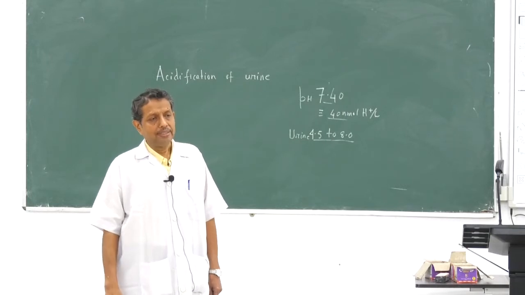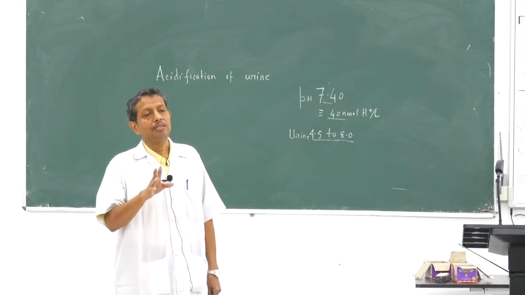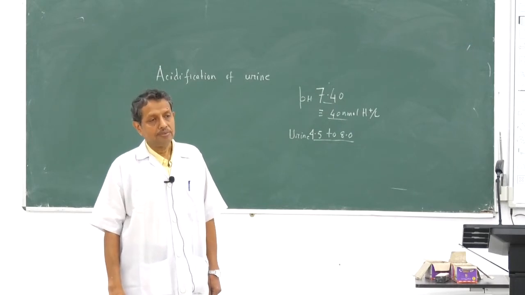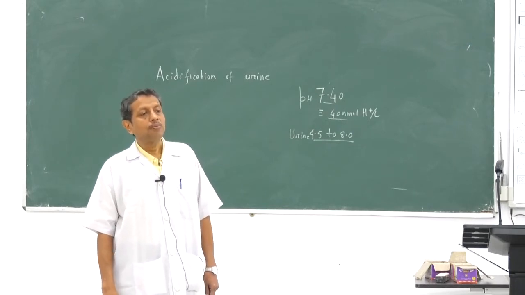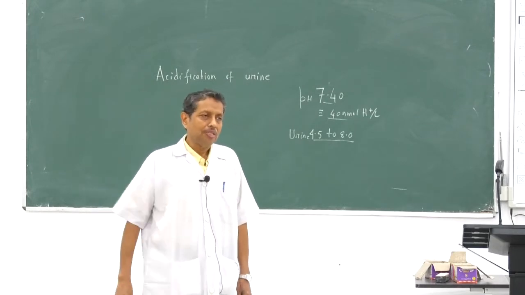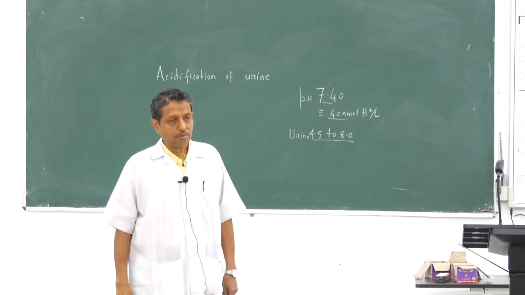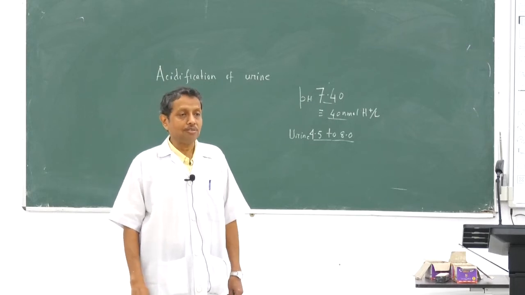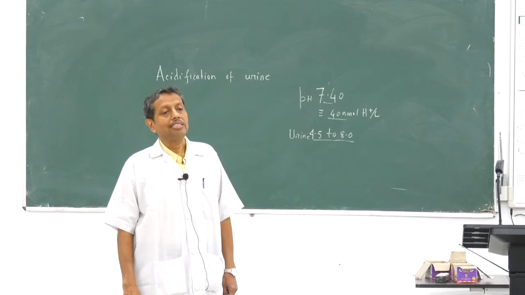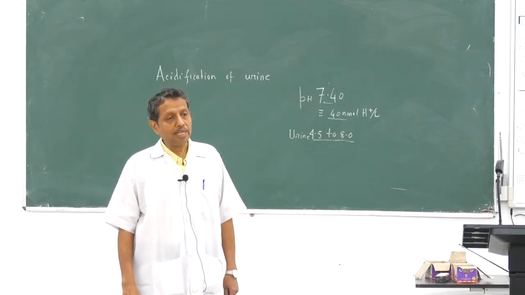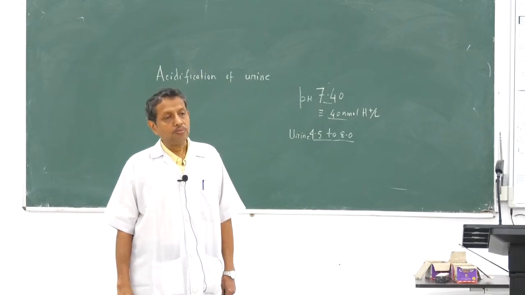The kidney is the important site from which these non-volatile acids are eliminated. They consist of acids you all know. During exercise, excess lactate or lactic acid is produced. In diabetic ketoacidosis, acids like acetoacetic acid and beta hydroxybutyric acid are produced.